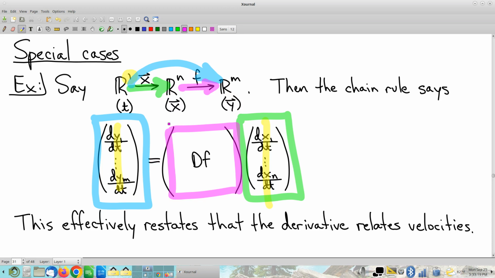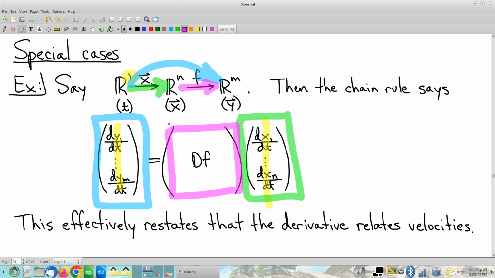This says that the derivative matrix of f is what you multiply by input velocity to get output velocity, right? So this green vector here represents velocity in the domain of f, and this blue vector here represents the velocity of the image in the target.